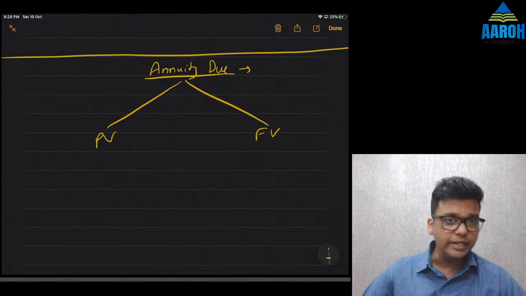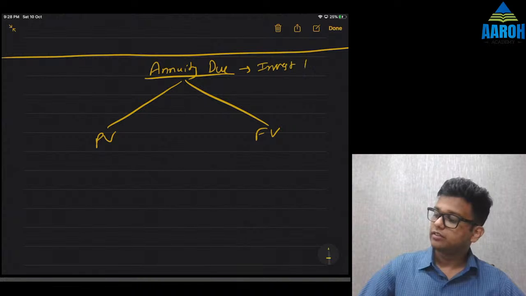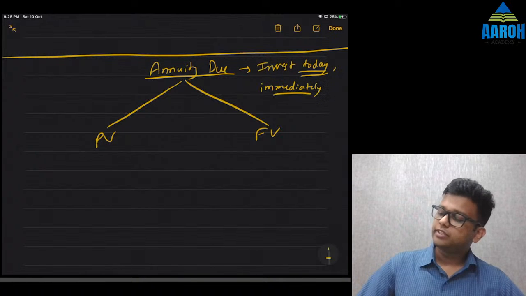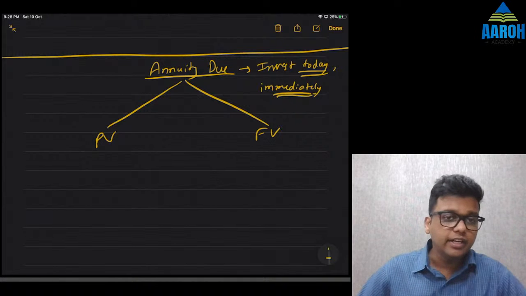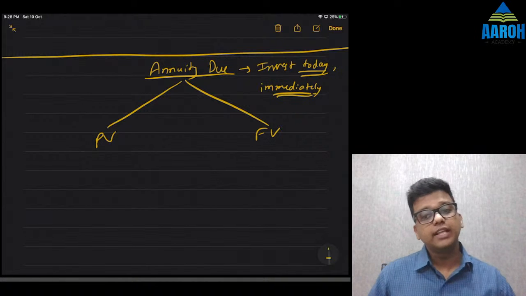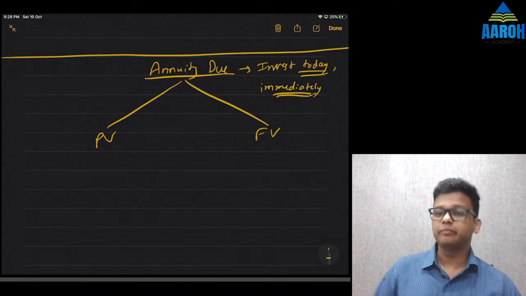The question will have words like invests today, or immediately, or repays today, immediately, next day, today evening, today morning. If you get words like this, you have to understand it is annuity due, not annuity regular.